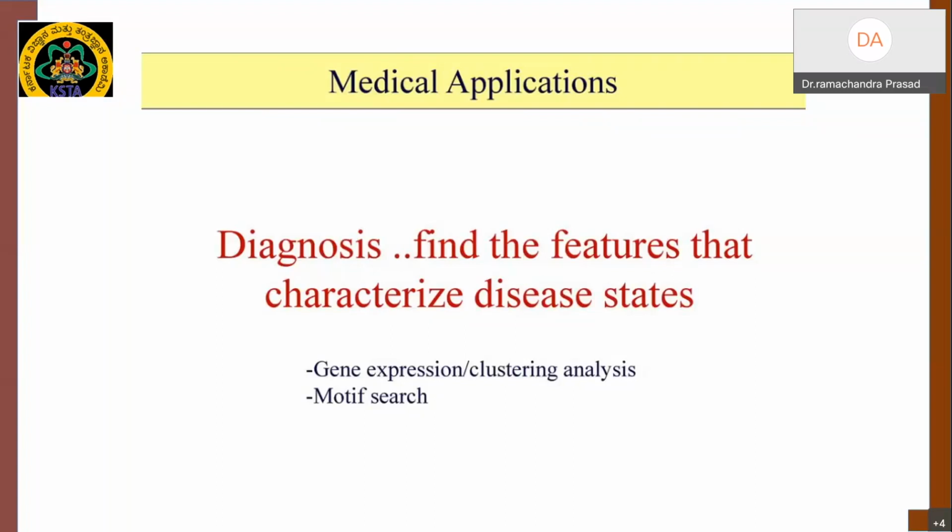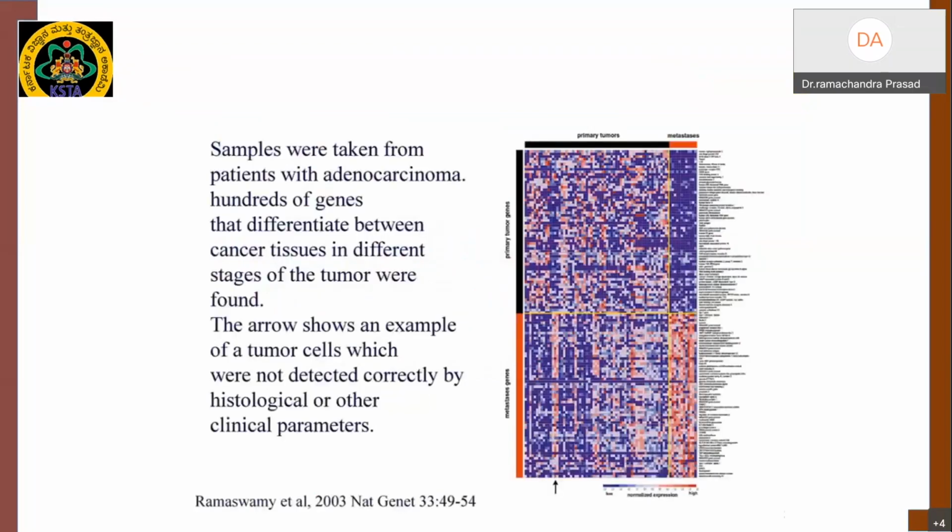That's the clustering analysis. Then motif search. Motif search comes at the protein level or at the gene level. By using some tools, we can do motif search. Here the experiment methodology is mentioned, with gene expression levels and also differences in gene expression, in one adenocarcinoma.